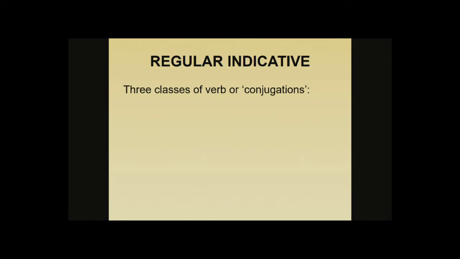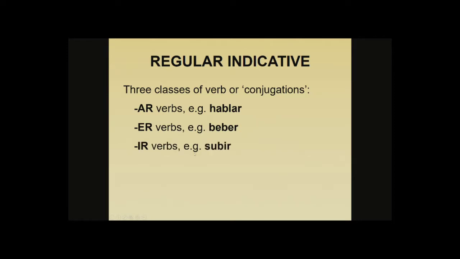And as you all know, there are 3 such classes in Spanish, 3 conjugations. There's the AR conjugation, or the AR verbs, for example, hablar. The ER conjugation, such as beber. And the IR conjugation. Yes, it's important to think of the 3 conjugations.